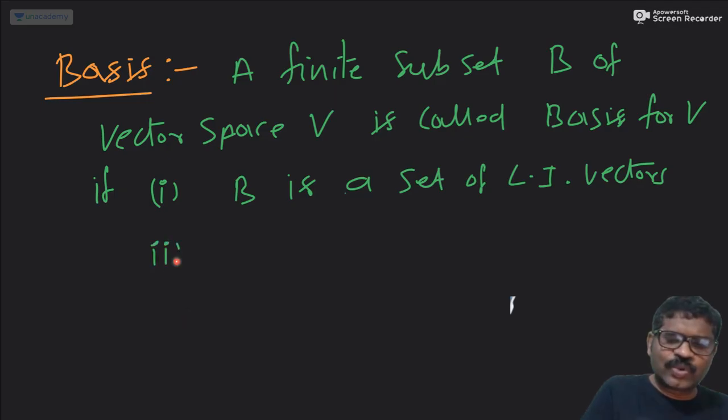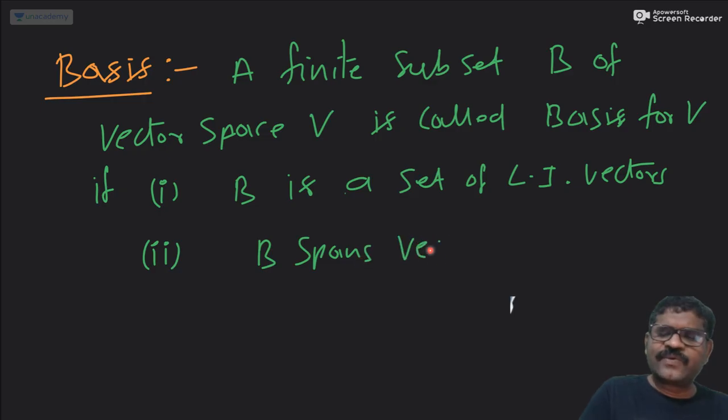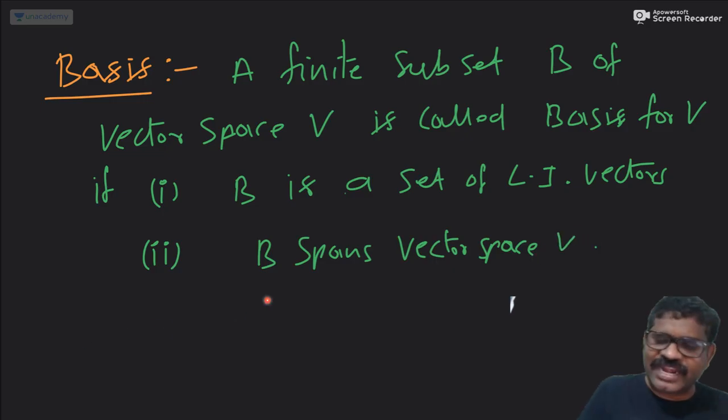Number 2, B spans vector space V. What is the meaning of the second line?